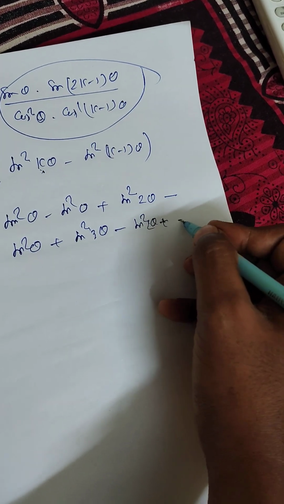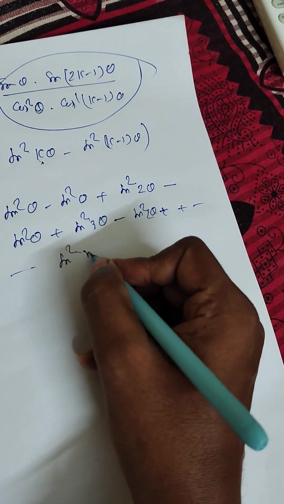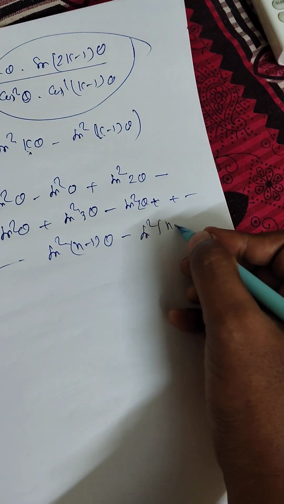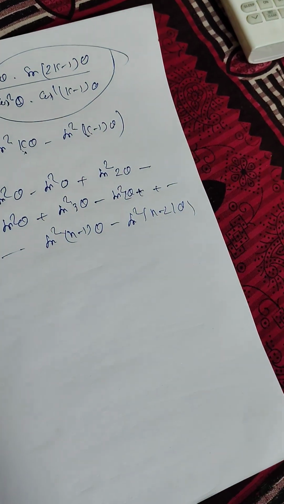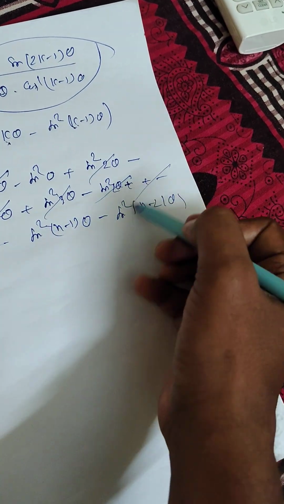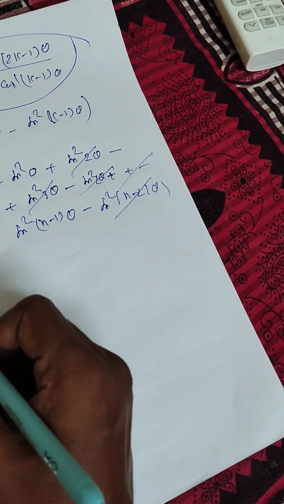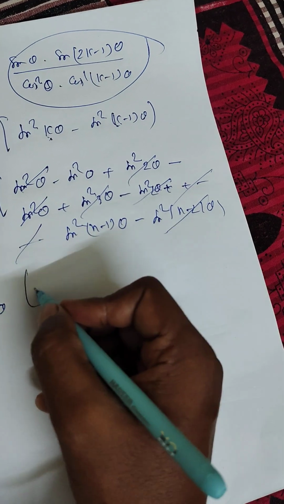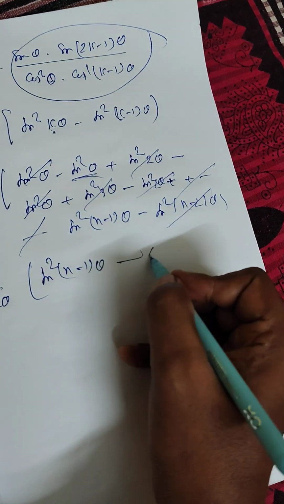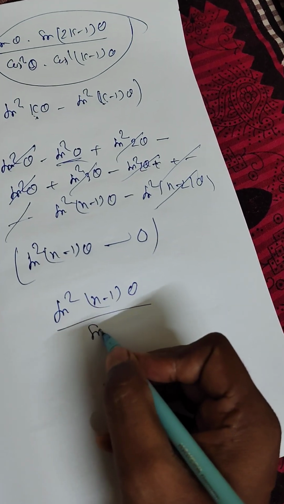Lastly, put n minus 1: tan square (n minus 1) theta minus tan square (n minus 2) theta. Understand why this term cancels, this term cancels, this term cancels. So what remains is 1 by sin theta, tan square (n minus 1) theta, and the other term is 0. So the answer is tan square (n minus 1) theta by sin theta.